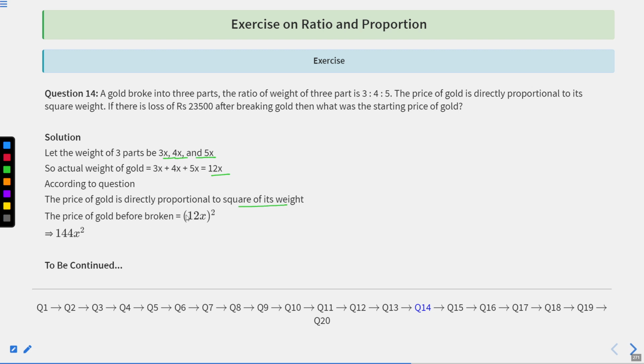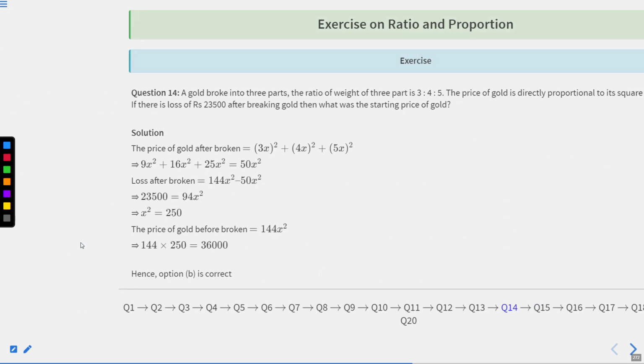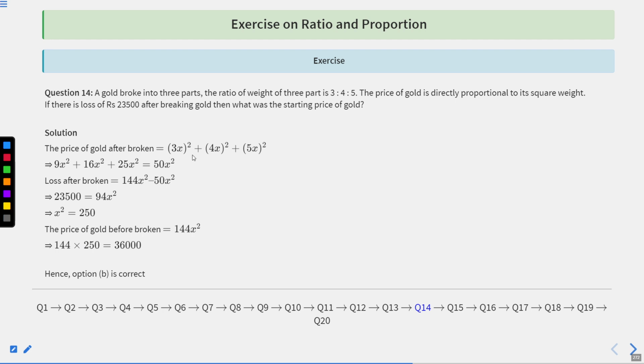The price of gold before it was broken would be (12x) whole square, that is 144x square. So the price of gold after breaking is (3x) square plus (4x) square plus (5x) square, that is equal to 50x square.